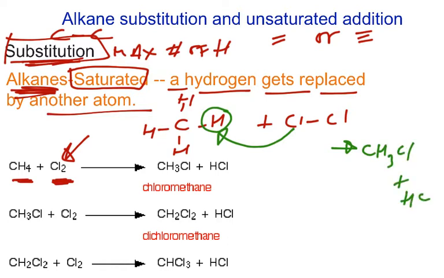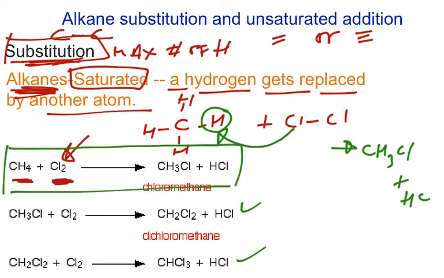Now, this reaction can keep going over and over again, like they showed over here, but you're only responsible for knowing one of the steps, where one of the diatomic atoms substitutes for one of the hydrogens, and you're done. So it's a simple, brief explanation of the substitution reaction, which happens with alkanes. So you have to know that.